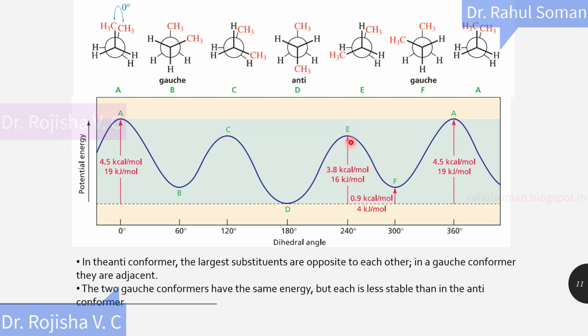The energy difference between the gauche conformation, F and B, and the anti-conformation is only 0.9 kilocalorie per mole. You should remember this magnitude, either in kilocalorie per mole or kilojoule per mole, up to your choice.